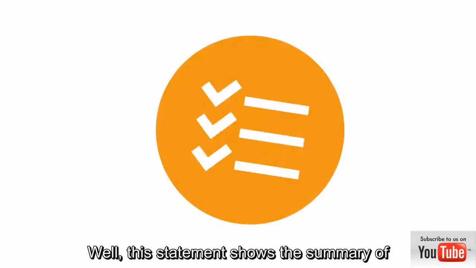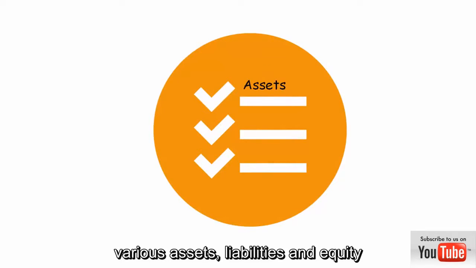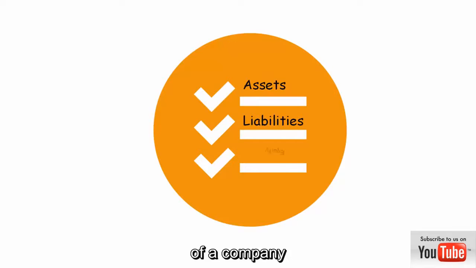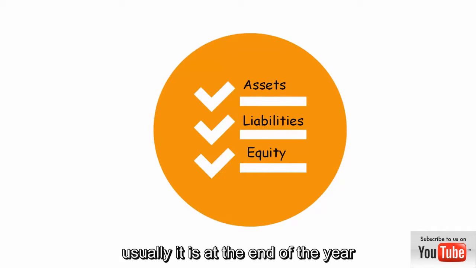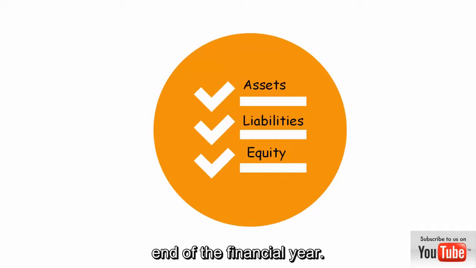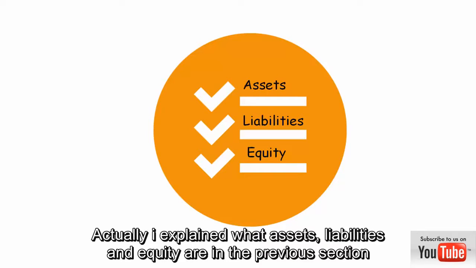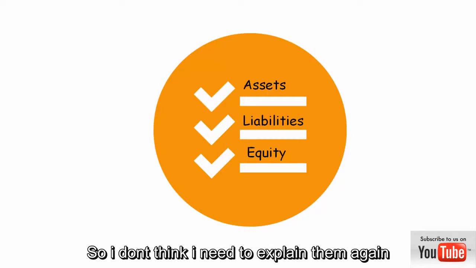Well, this statement shows the summary of various assets, liabilities, and equity of a company at a particular date. Usually it is at the end of the year, end of the financial year. Actually, I explained what assets, liabilities, and equity are in the previous section, so I don't think I need to explain them again.